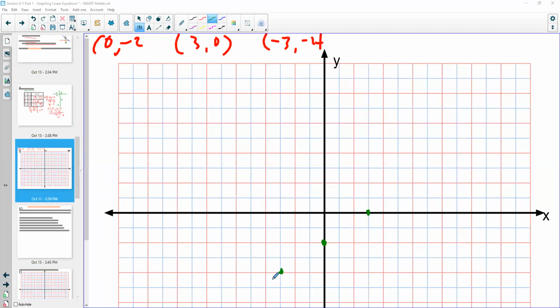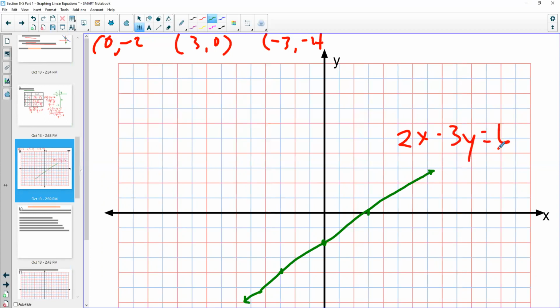If I can actually draw a straight line, we'll see. Yep, a little harder on this pen, right? Okay, so there's my graph. Straight lines never end like this, so they get arrows on the ends. And I'm going to write my equation on it, which was 2x minus 3y equals 6.